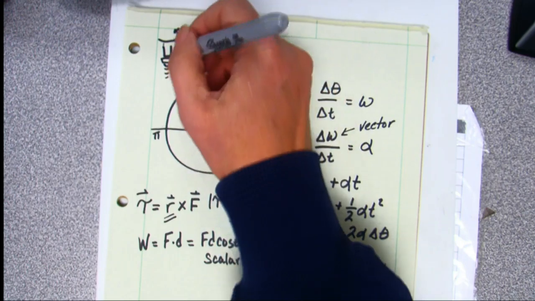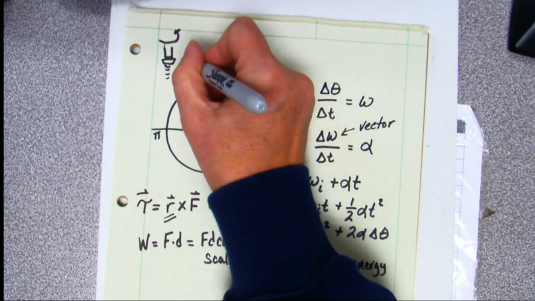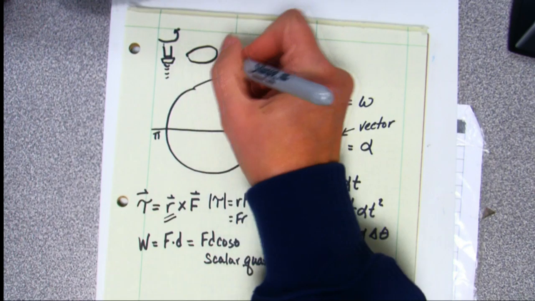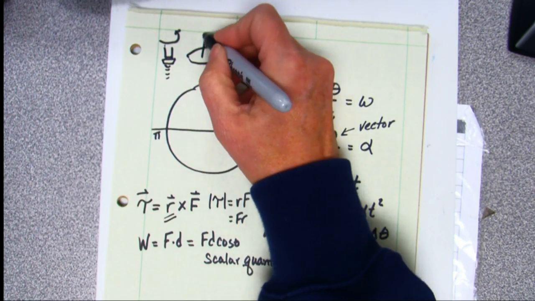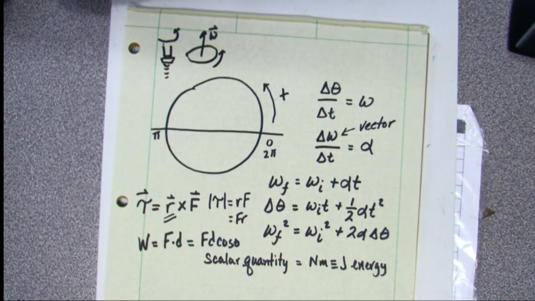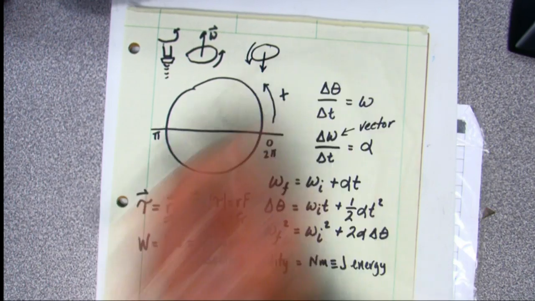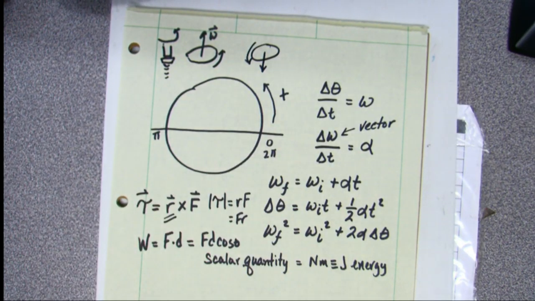And it's the same reason that if I draw my little circle here, if this is rotating this way, my angular velocity is coming up. If I'm rotating it this way, my angular velocity is going down. And so for torque, it becomes very, very important to make sure we've got our right-hand rule correct.